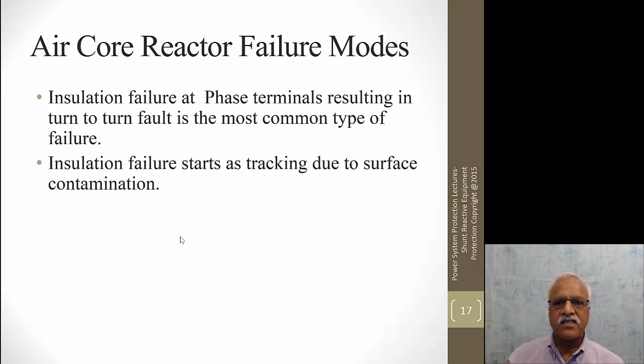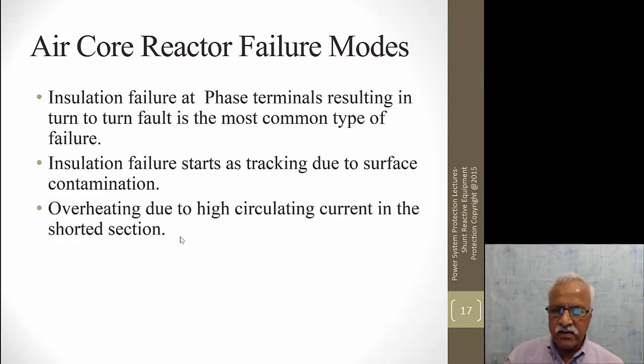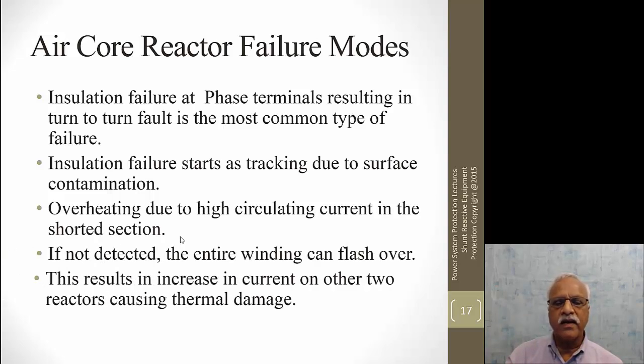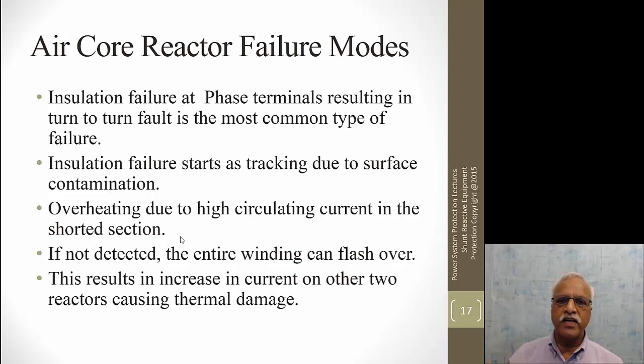And then it starts tracking, and due to contamination it deteriorates, and then the failures occur. Overheating due to high circulating current in the shorted section results in a complete flashover of that particular winding, which puts phase-to-phase voltage on the unfaulted phases, and that results in thermal damage.